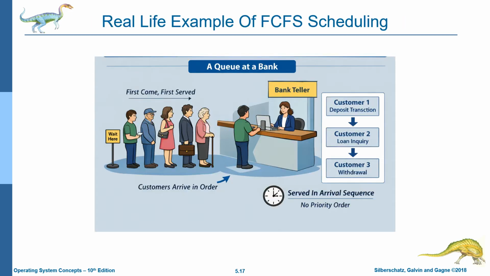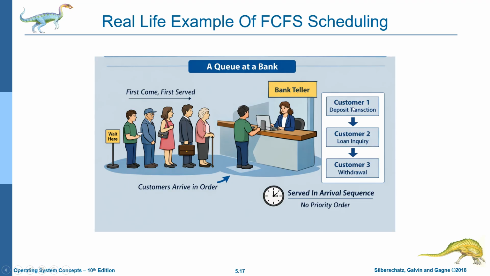Considering a real life example of the FCFS scheduling algorithm, consider a banking scenario. We have a bank teller and a queue in the bank, and the queue contains multiple customers, 1, 2, 3, 4, 5, 6. According to the operating system, these six customers will be our six processes.